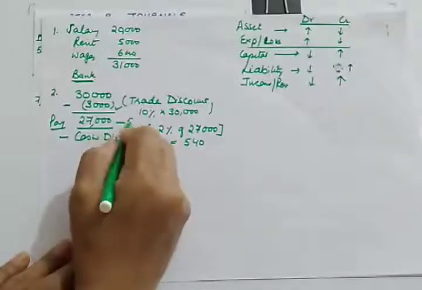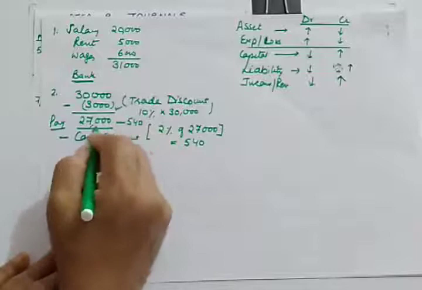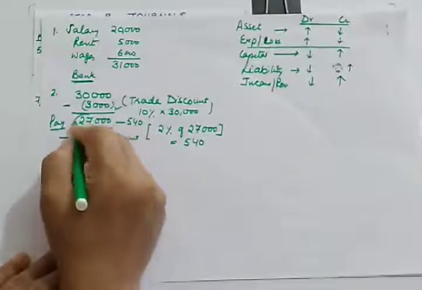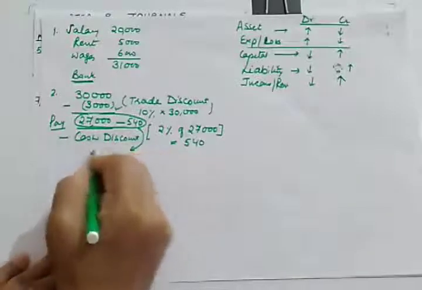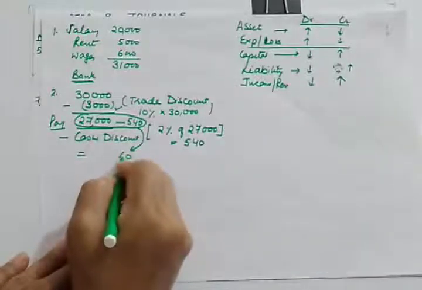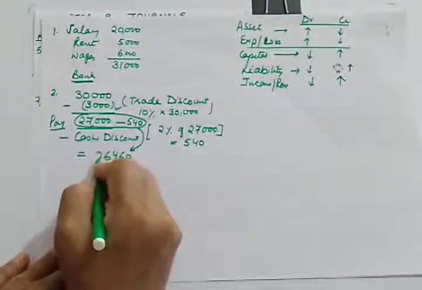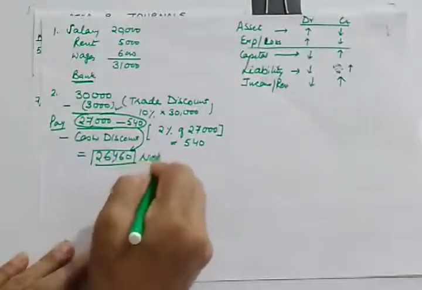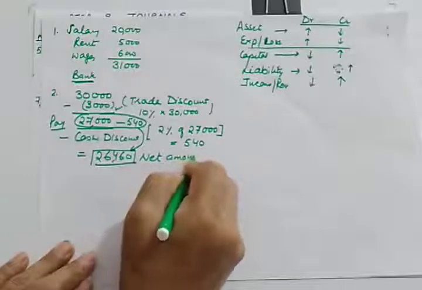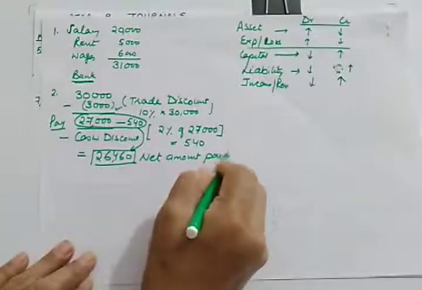So deduct 540 from this, and then you will be able to get after discount 26,460. 26,460 is the net amount paid, and this amount is paid immediately.